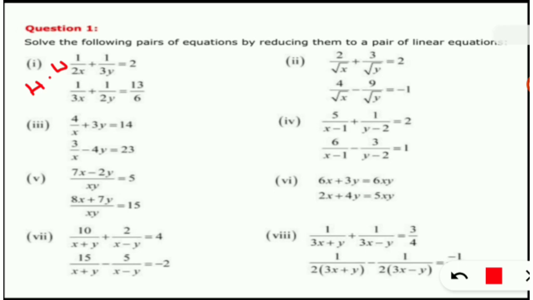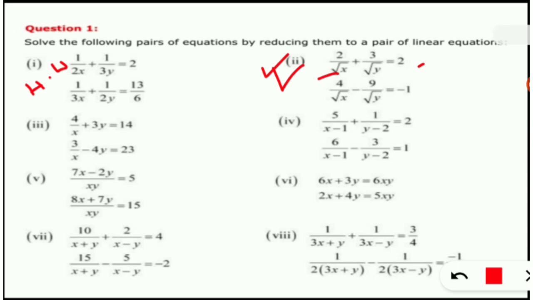Okay, now we solve question number 2. So 2 by root x plus 3 by root y equals 2, and 4 by root x minus 9 by root y equals minus 1. Now students, first see which term is common between both equations.